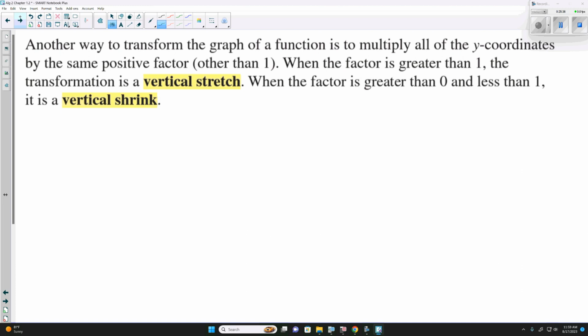Vertical stretch and shrink. A function is going to either increase or decrease faster along the y-axis. It'll increase faster if it's a vertical stretch. It will not increase as fast when it's a vertical shrink. Now the way we determine this is by a.